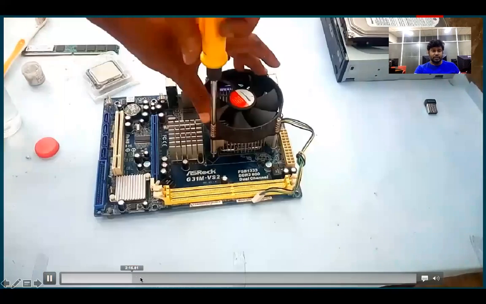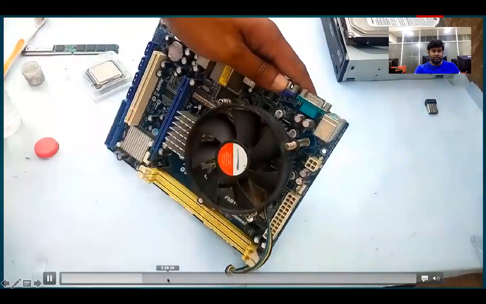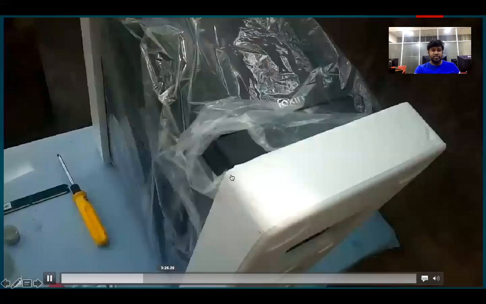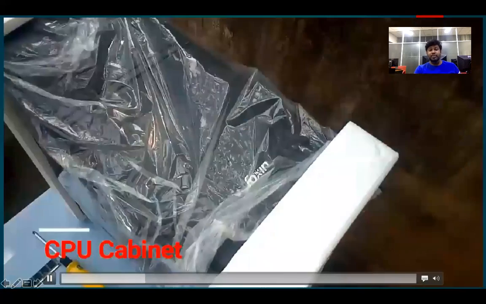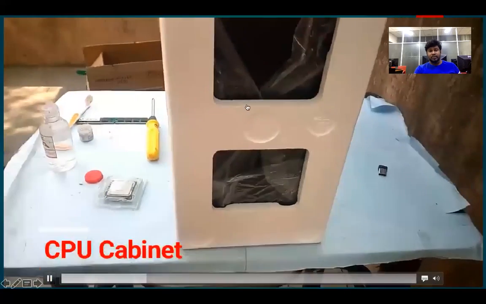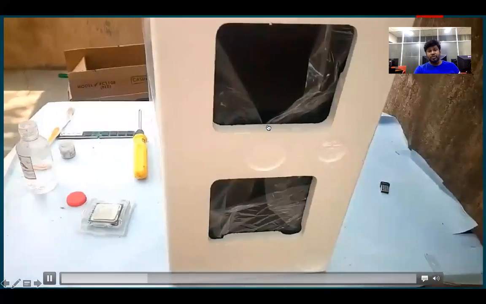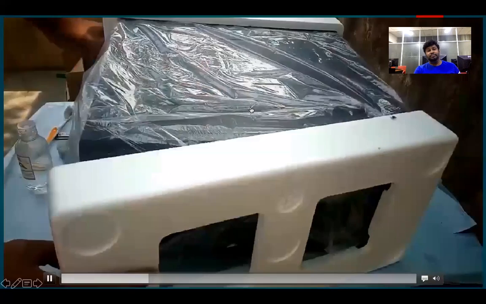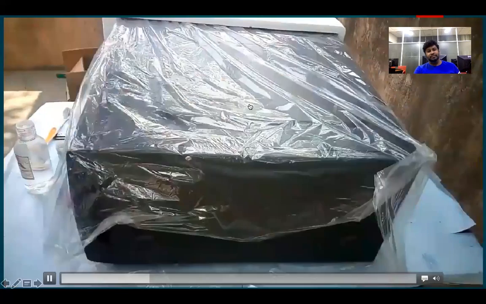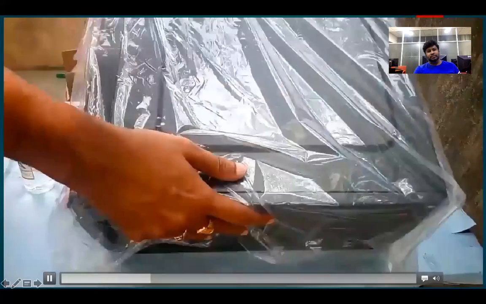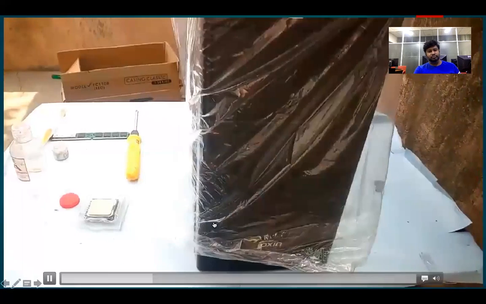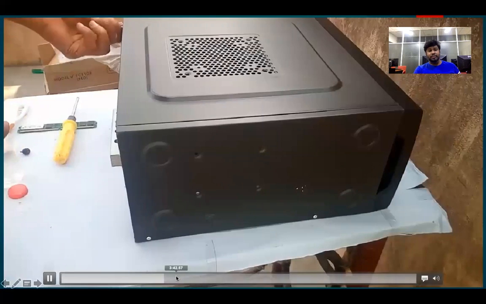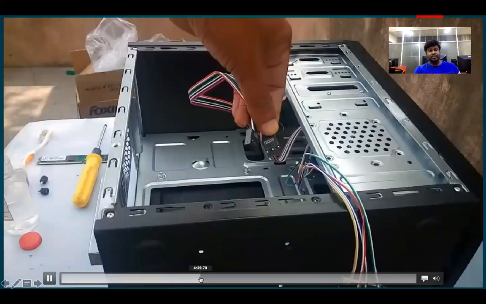After plugging and connecting these things, this is what you call the CPU, but this is not the CPU. This is the CPU cabinet, or you can call it the system unit, the casing. You have to put all the components inside this casing and plug them in.